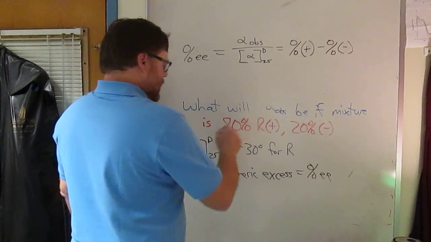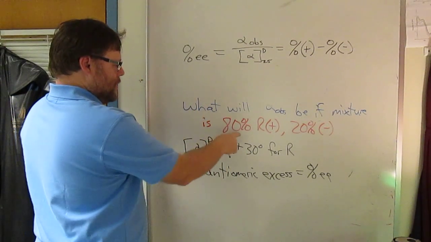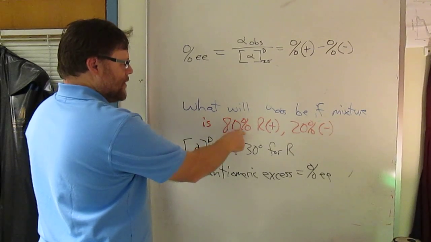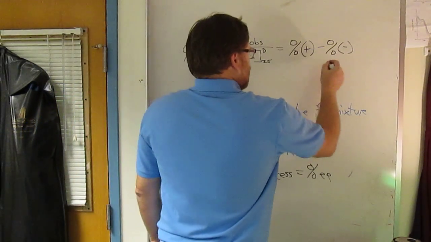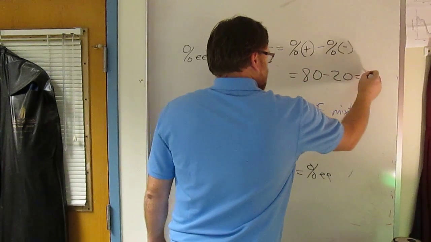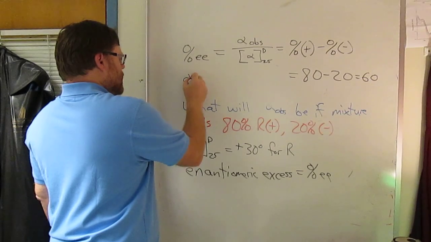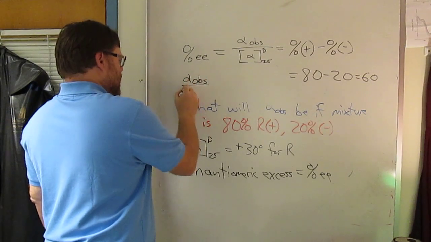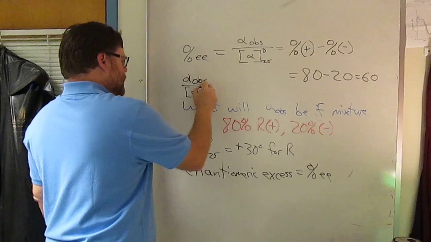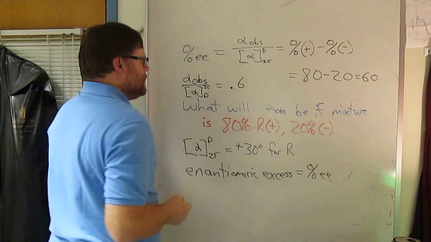Okay, so we know the EE, it's 80% minus 20%. So this is equal to 80 minus 20, this is equal to 60. So alpha observed divided by specific rotation is equal to 0.6.